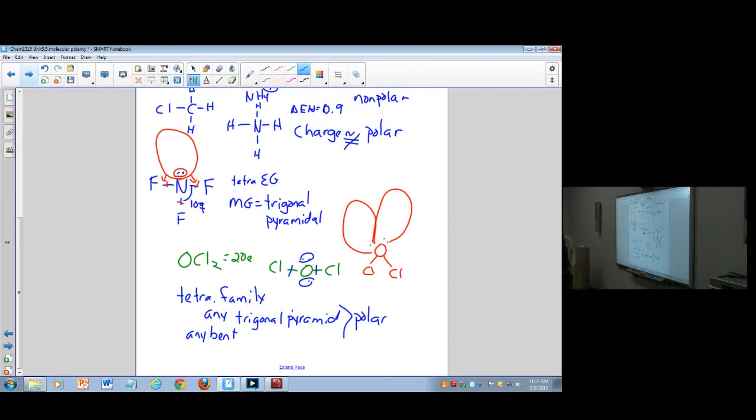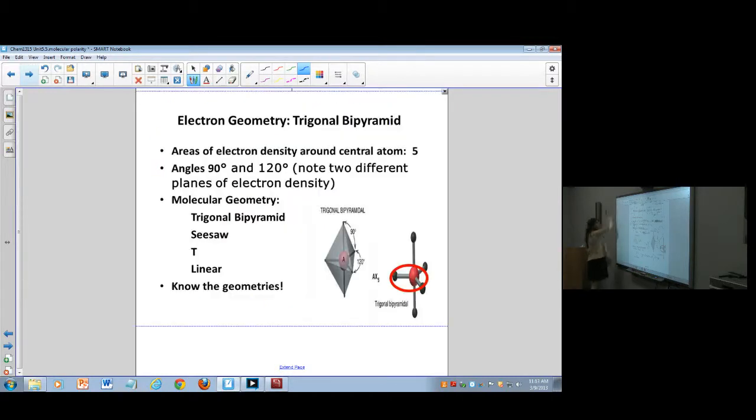All right, let's take on the electron geometry, the polarity of trigonal bipyramids. Okay, trigonal bipyramids. Remember, they have two planes now. Remember, there is this equatorial plane, and there's this axial plane.